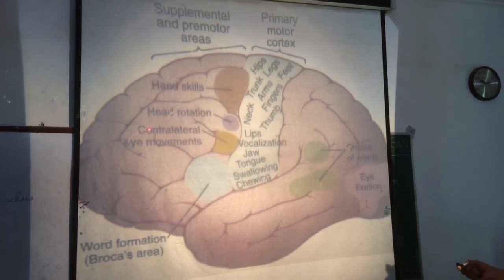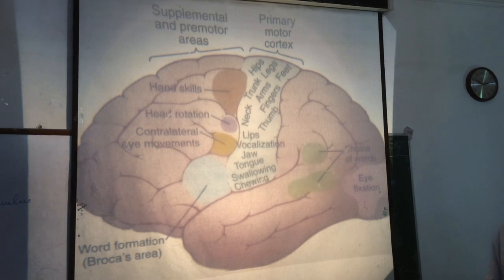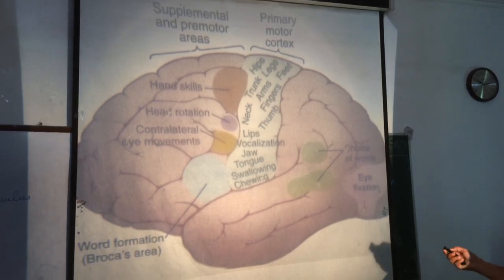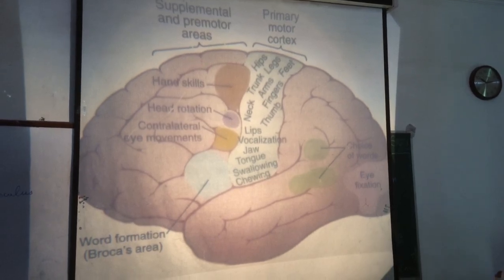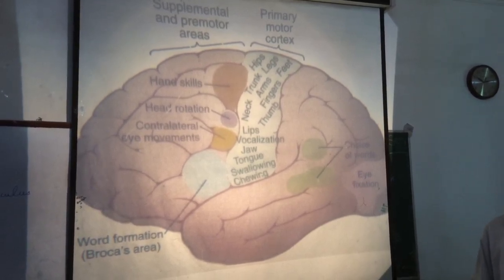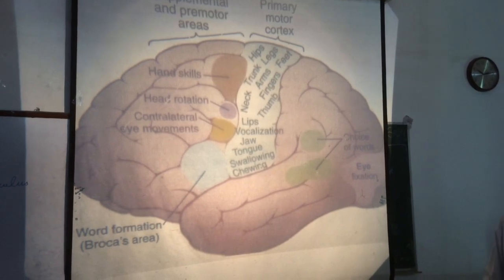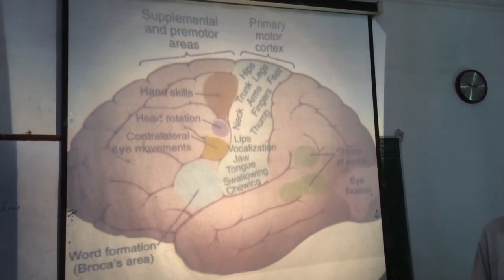The next motor area is the supplementary motor area. It is located anterior and superior to the premotor area, on the medial surface of the cerebral hemisphere.